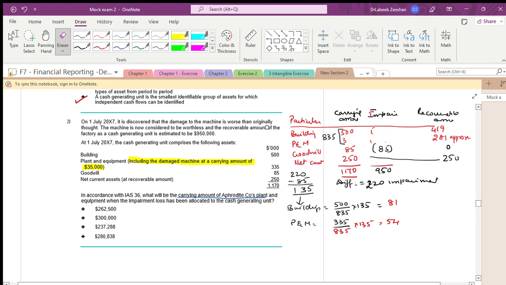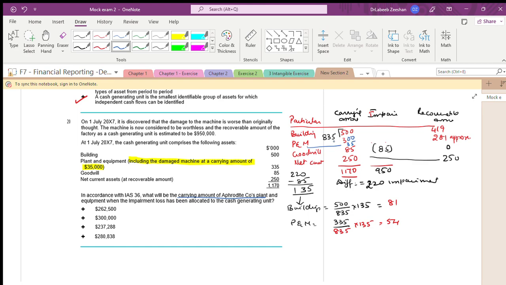This will change. These have two things. One is 300 and another, plant and machinery, is how much? 35.